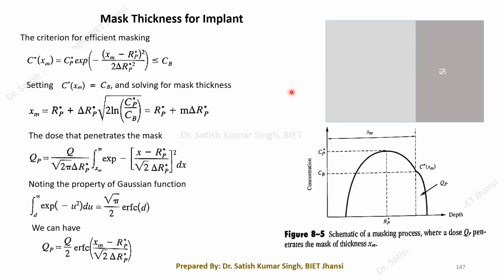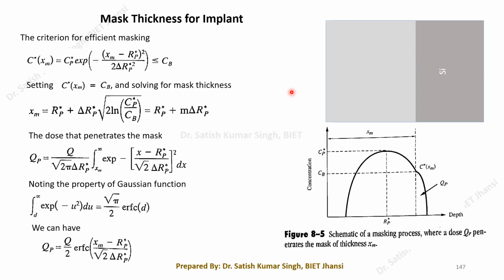First of all, we need to know the property of the masking material: what will be the distribution of the ions in the masking material if we go for doping using ion implantation. That should be known beforehand. If you don't know the distribution of the ions when we go for the implantation, you cannot decide the actual thickness of that particular mask.